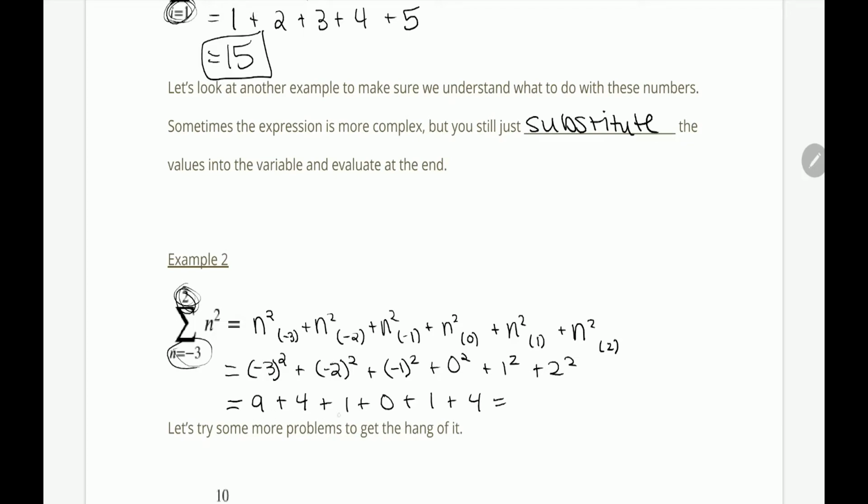If we add 9 plus 4 plus 1 plus 0 plus 1 plus 4, we're going to get 19. And so that's going to be our answer for this one. So again, we're literally just going through, substituting in the numbers from this number all the way up to this number and adding together our answers.